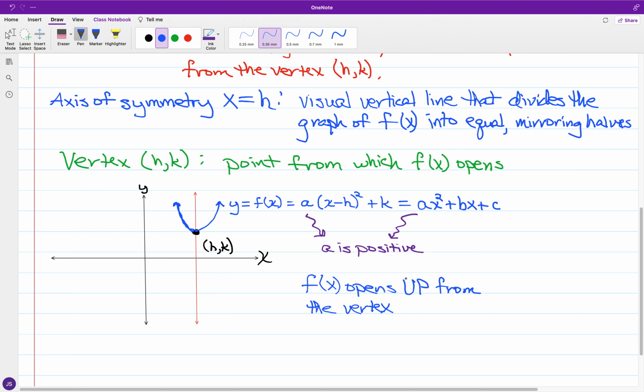In this particular case, all right. And if you notice, you have your bottommost point for the graph at h and k. And so the vertex is going to be regarded as the minimum.